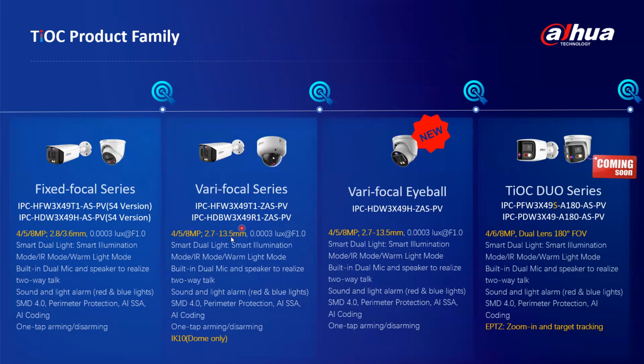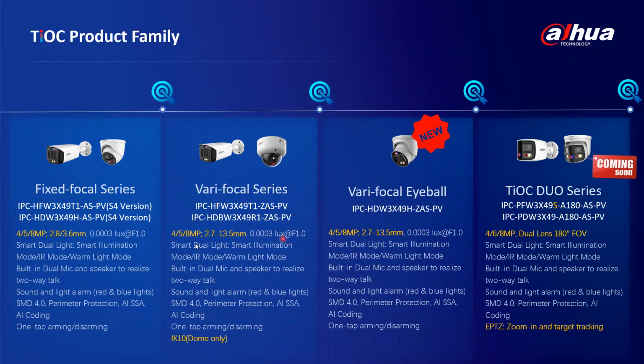So in this case, since they're varifocal products, the lenses can be adjusted manually or using the motorized ability. So the same product again supports the same lux value, for example, 0.003 with 1.0 f value that supports a bigger aperture, just to allow the camera to inject a lot of light inside it to produce better images.